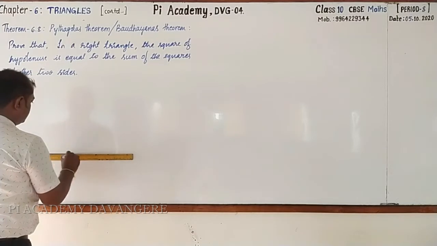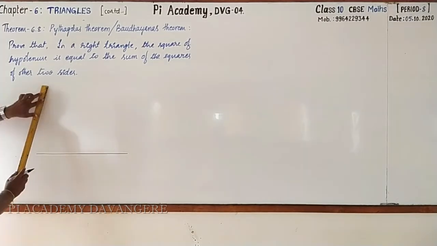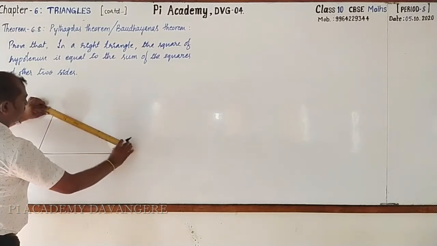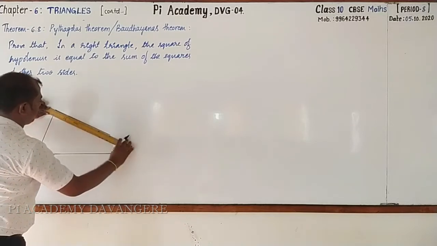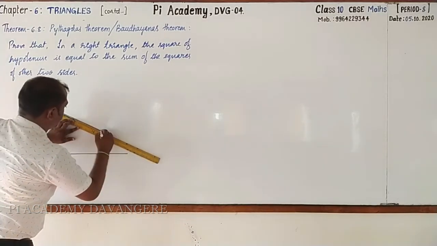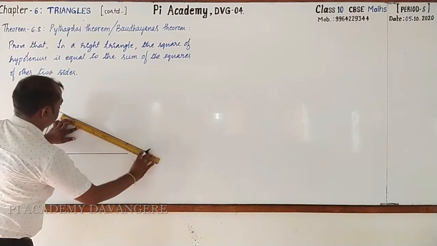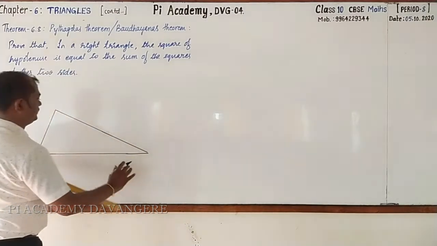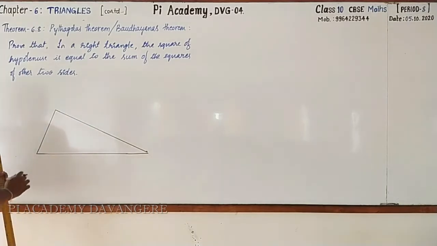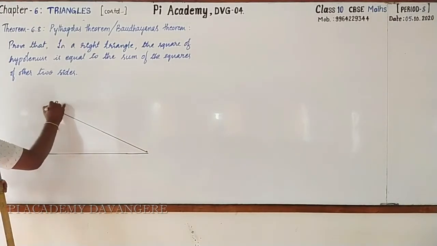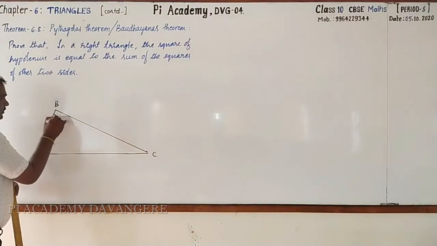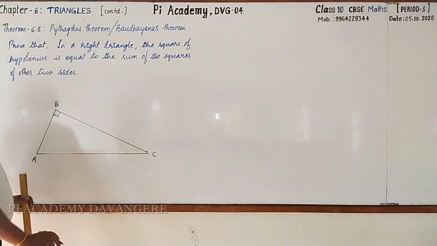See, this is a side and this is another side, and from here a perpendicular. I've drawn the perpendicular. You may name this triangle as ABC, in which angle B is 90 degrees. See, this is 90 degrees.